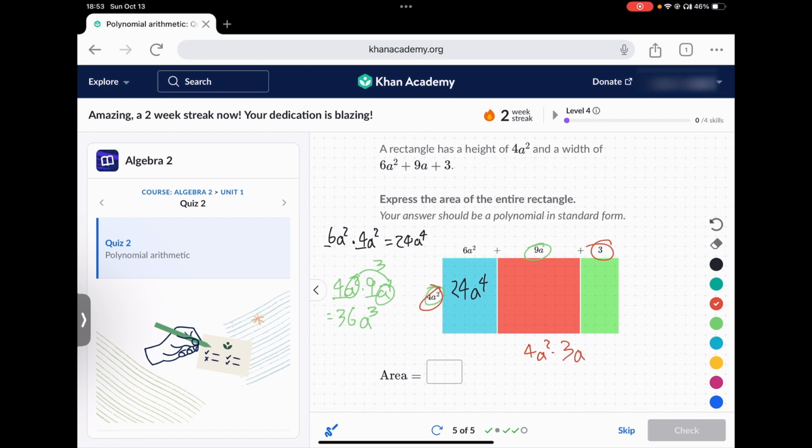This is also omitting a to the power of 0, which is equal to 1 again. So if you multiply each coefficient, it's going to be 12, and a squared times a to the power of 0, which is 1. So a squared times 1, a squared. And you add these 3 up, so it's going to be equal to 24a to the power of 4 plus 36a to the power of 3 plus 12a squared.